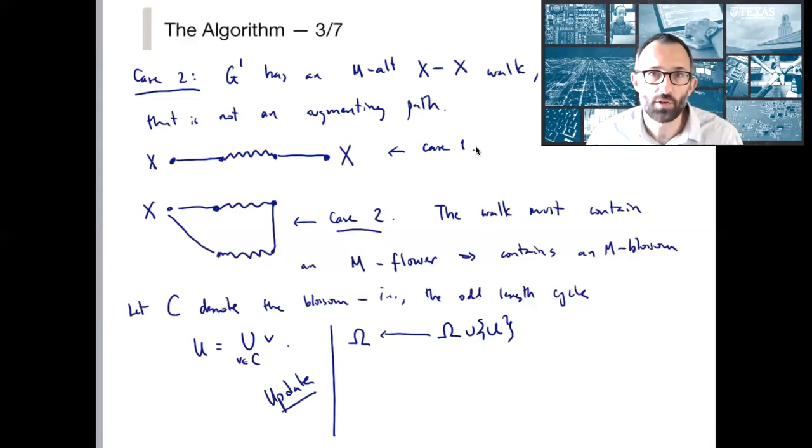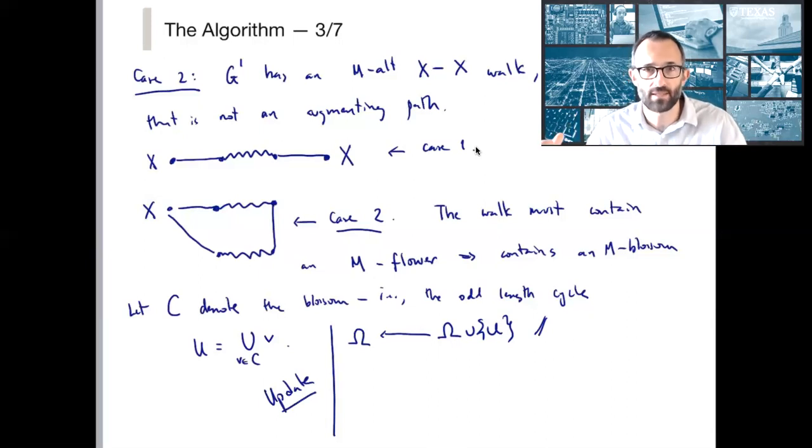What happens when I increase omega? First of all, you need to check that laminarity is maintained. So I'll leave this as an exercise. It's actually pretty simple because all that U is, is just a set containing nodes. And if some of those nodes were already in omega, then that's okay. We still maintain laminarity.